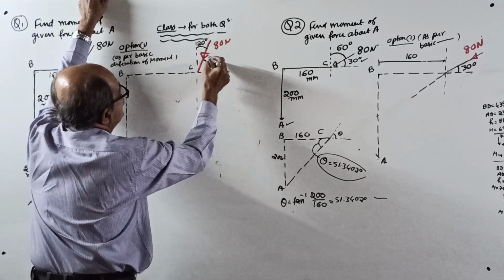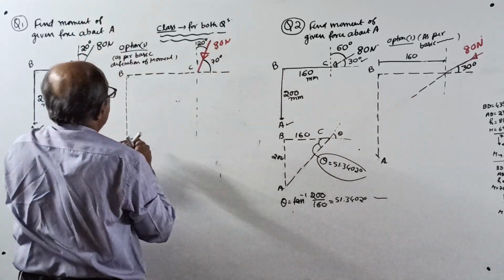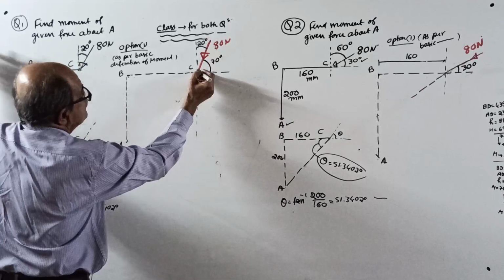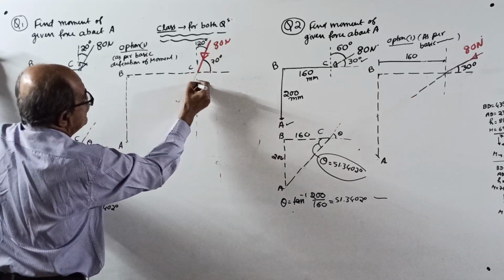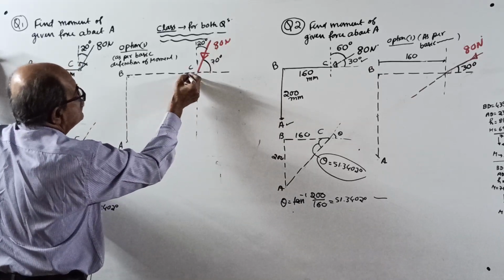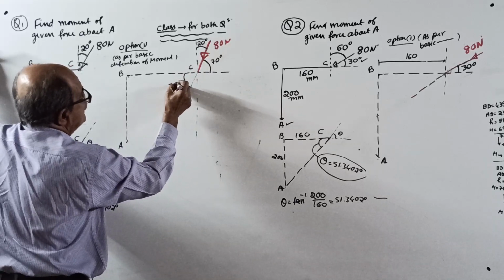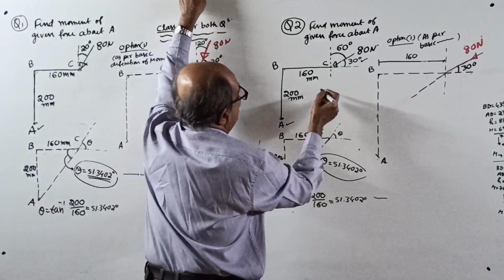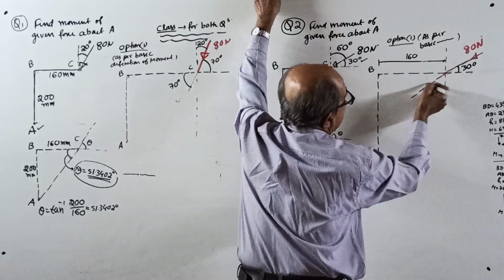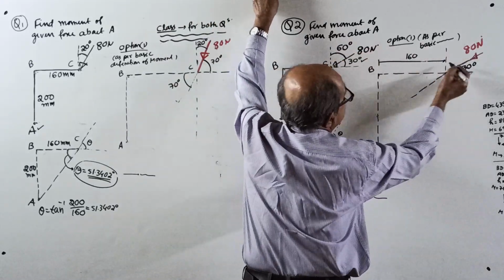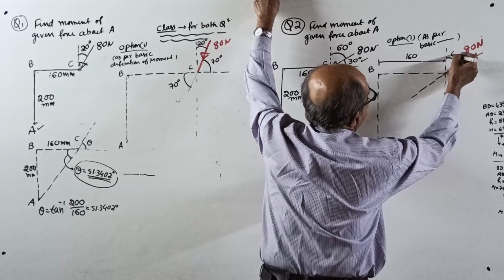This is 70 degrees. Therefore, when you extend this line, this angle also is 70 degrees. If you extend this line here, this is 60 degrees. They told this is 60 degrees.